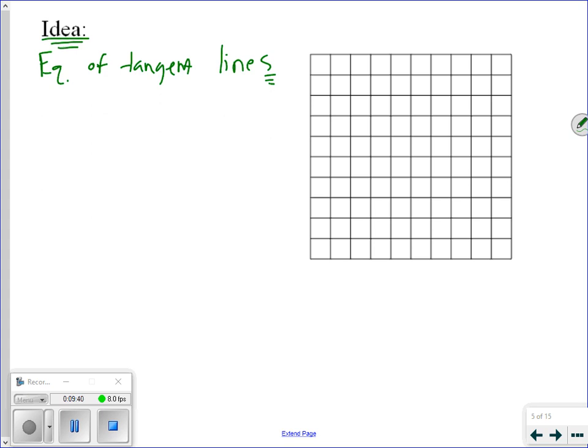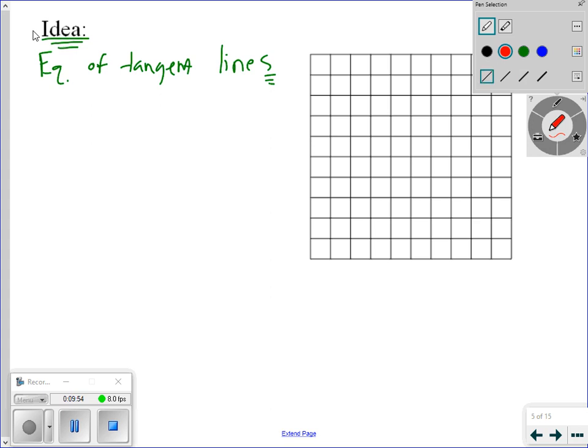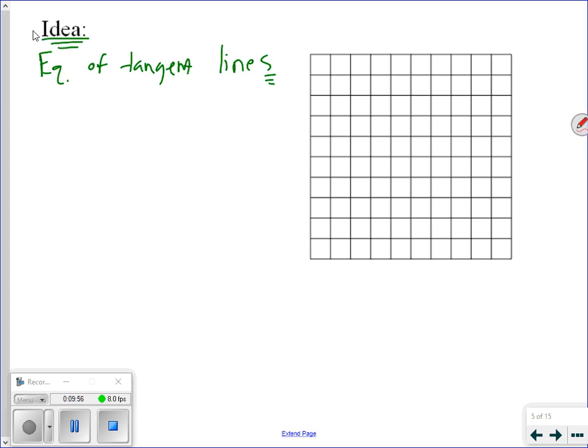Okay. So think of the notation I was using before. Actually, I'll do it this way. Think about how we figured it out in the last example.